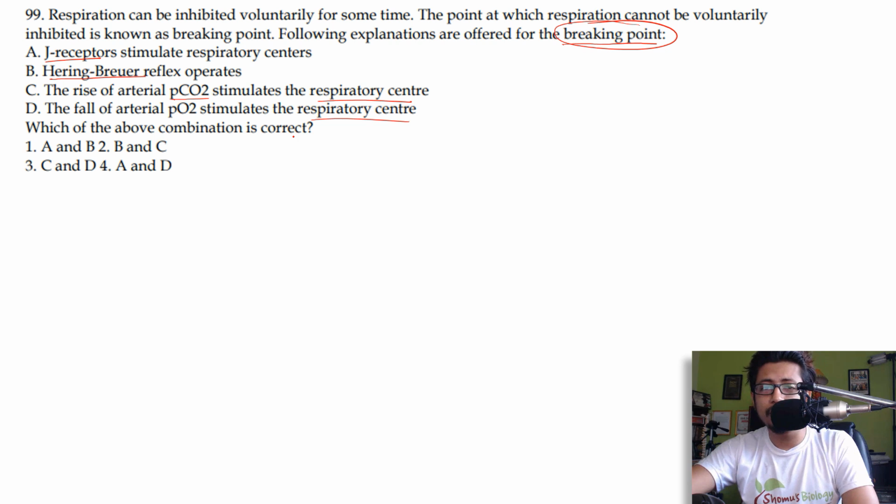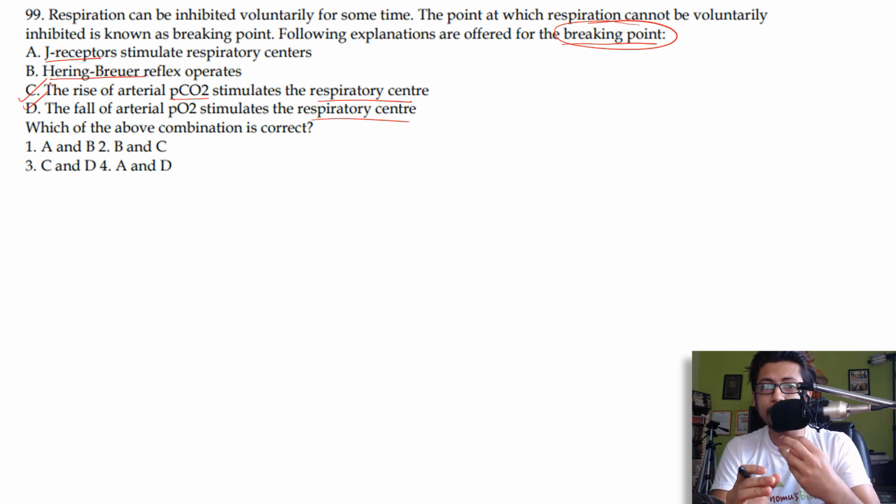Among these four, we can tell one thing pretty surely: when we are holding our breath, we are not taking up any oxygen. That means in the blood we have a fall in the oxygen pressure, and also a rise in the carbon dioxide pressure. So it's pretty logical for C and D to be true, isn't it?